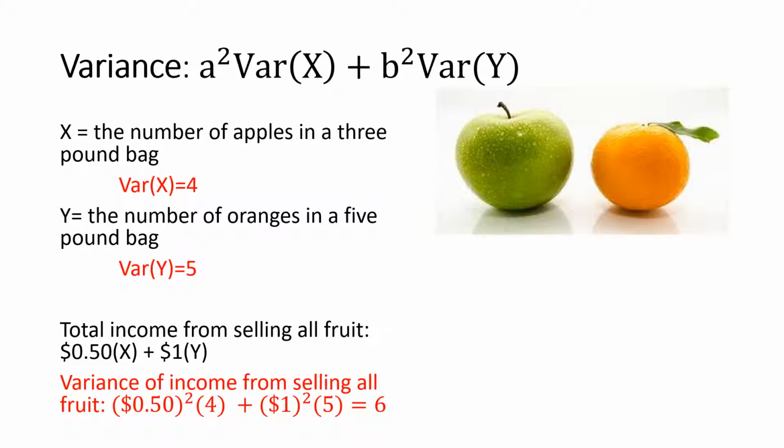Now note that because we squared the dollars, the variance has units of dollars squared, so $6 squared is the variance. If we wanted a measure of variability in the units of dollars, we could use the standard deviation and take the square root of the whole thing.